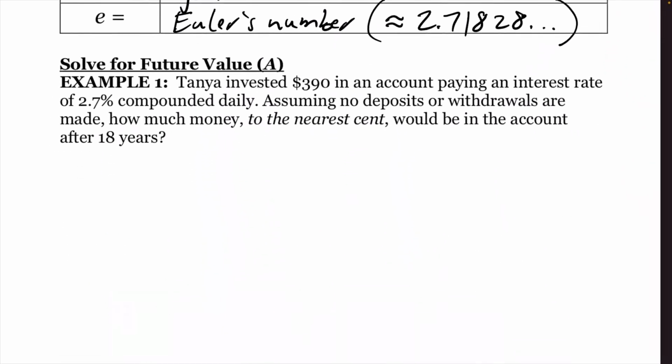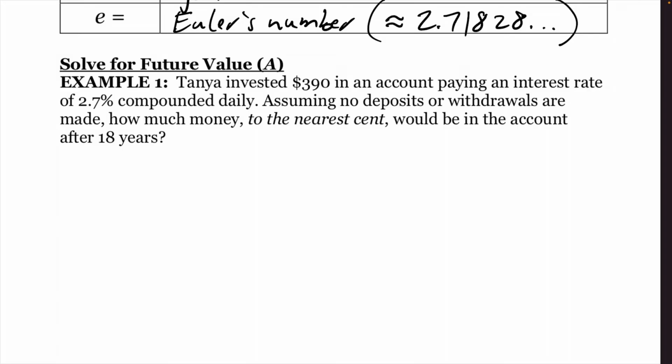Okay, so here we go. We're going to do 3 things. The first thing we're going to do is solve for the future amount. How much am I going to have in 18 years? Okay? So Tanya invested $390 into an account, paying her an interest of 2.7% compounded daily. Assuming no deposits, assuming she doesn't take any money out or put any money in, how much is she going to have to the nearest cent after 18 years?